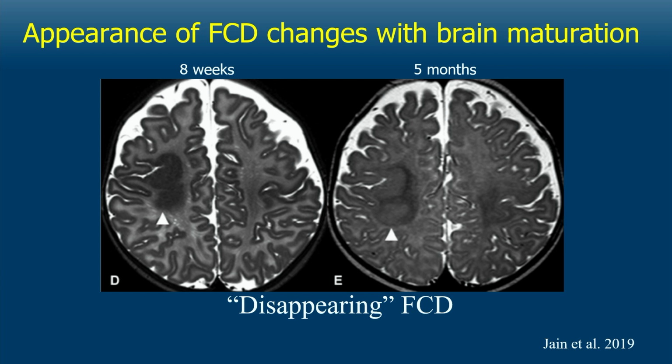However, at 5 months of age, the lesion was less obvious, less conspicuous, simply because of the changes in brain maturation, altering the signal intensity of the brain. Because of that, there is a term that we sometimes use, the disappearing focal cortical dysplasia.